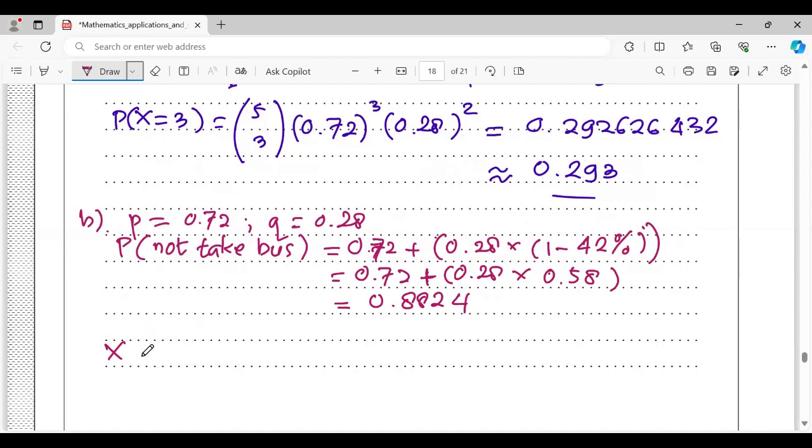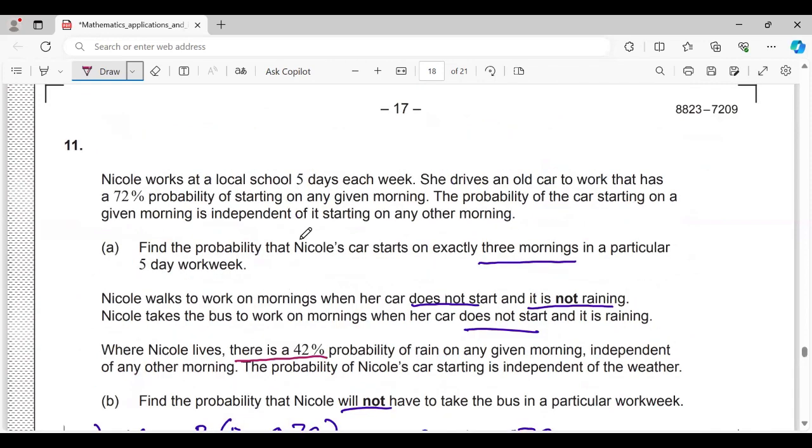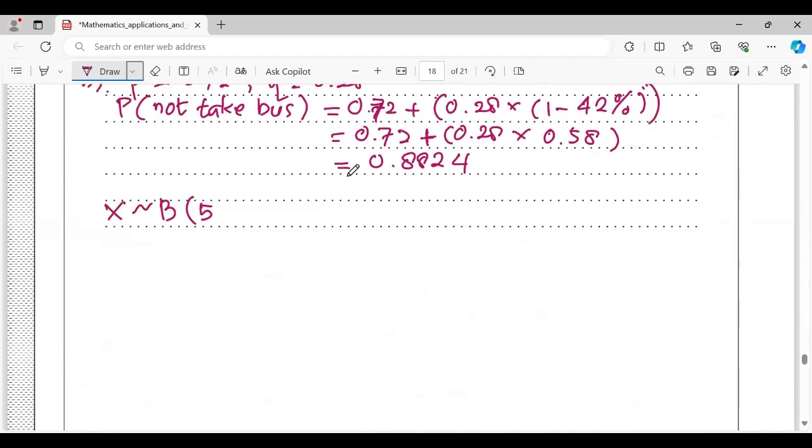A random variable X is distributed binomially, where there are 5 days each week, 5 work days. So n equals 5, and the probability is 0.8824.